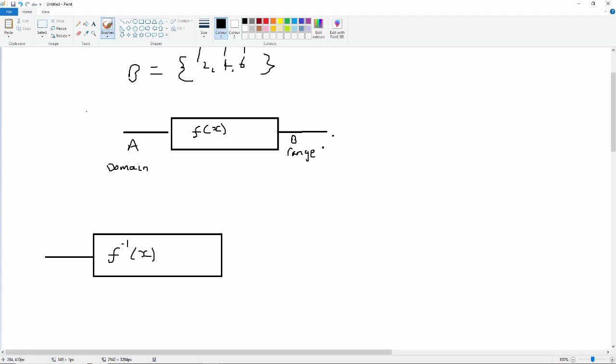So we have the range of the original is the domain of the inverse, and the domain of the original is the range of the inverse.